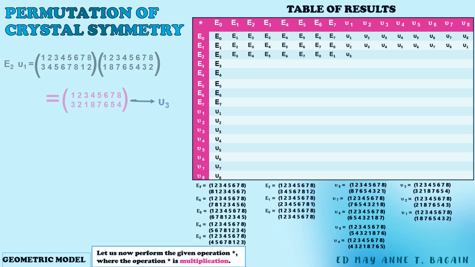We have epsilon sub 2 star epsilon sub 2. So the new one is 2 and the new one would be 4. Let's check. So yes, 4321875 would be the answer.